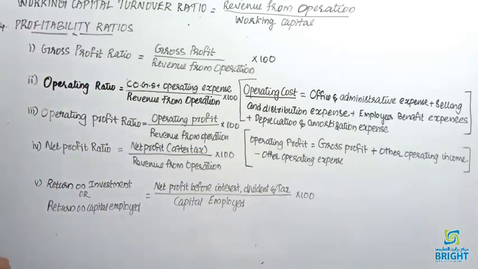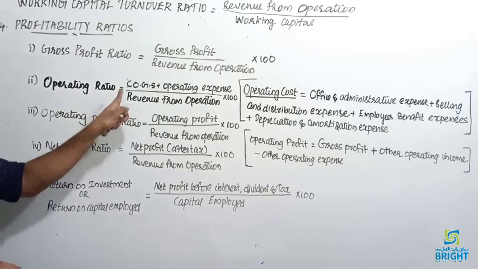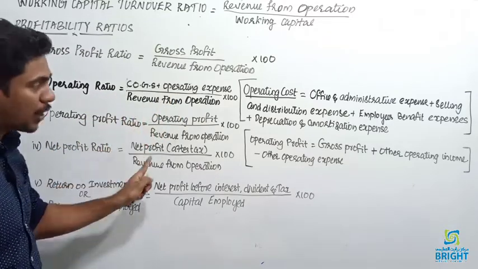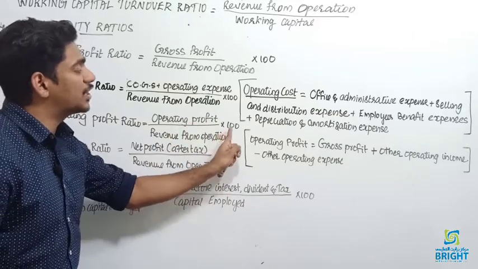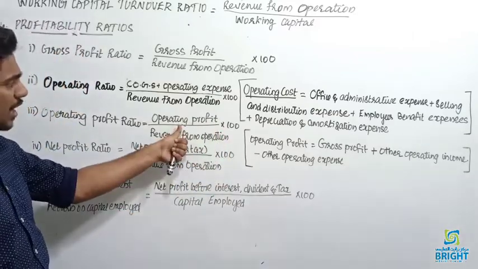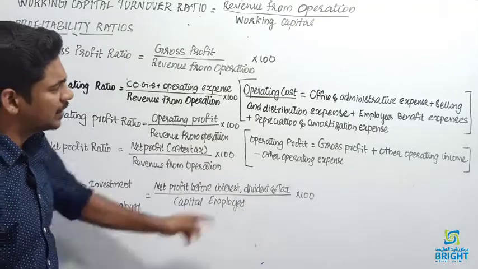Okay, then next one is operating profit ratio. This is not only operating expense; this is operating profit. Operating profit divided by revenue from operation into 100. Then there is a question how to find the operating profit.